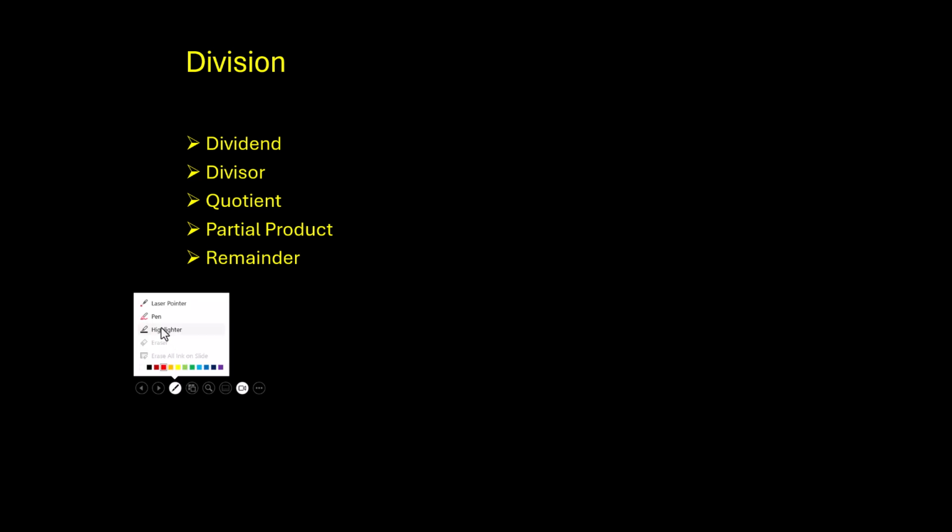What is the quotient given a dividend and divisor? Partial product. This is one that I have invented the name. And finally, the remainder. The remainder is very important. So the critical ones are dividend, divisor, quotient, and remainder. It turns out that partial product is something that you do use, you just don't know its name. And I'll show you why it's important.